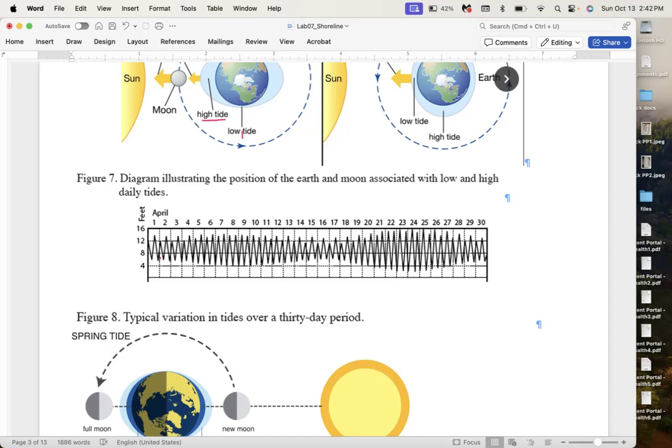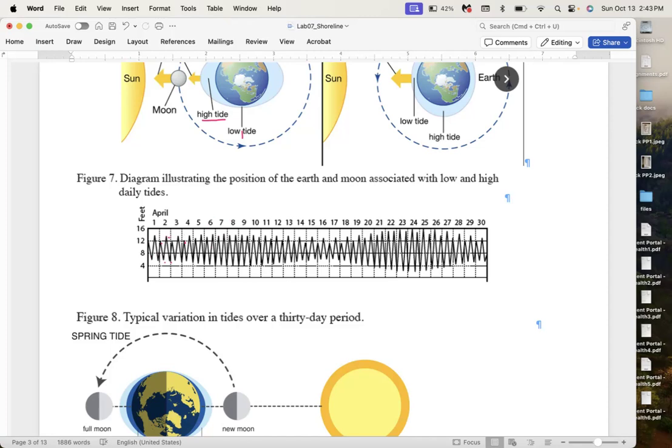So here you have two low, high, and two really high tides per day. So here's one and two, and this one should also have another higher. So we have low tides here and a high tide here, but one is higher than the other because of where the moon and the sun are.